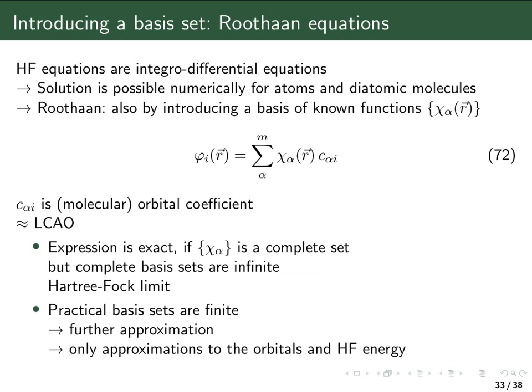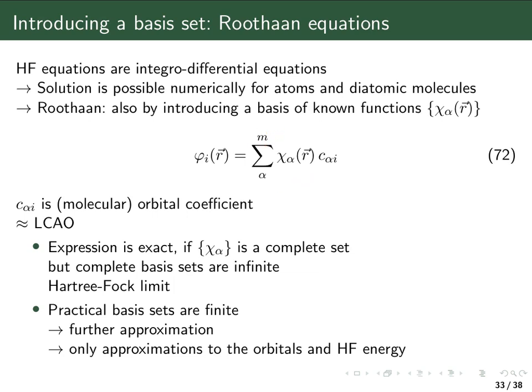And in some of the other lectures we will discuss what kind of basis functions one actually uses nowadays. Now this expansion of the unknown spatial orbitals, and therefore the solutions of the Hartree Fock equation for spatial orbitals, is exact if the set of basis functions is infinite.